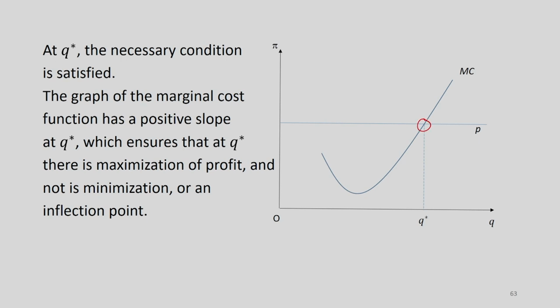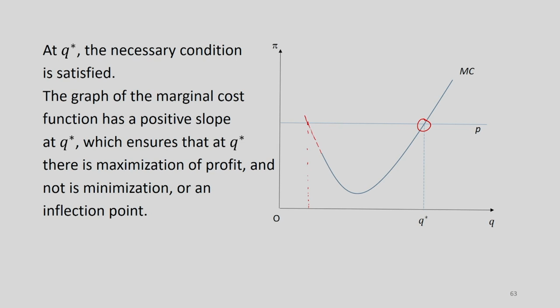The price is equal to MC, and the MC is an upward rising curve at this point. So, the second order condition is also satisfied. So, Q star is the point where profit is maximized. One can think about the extension of this curve, and there will be another point where the first order condition will be satisfied, that is P will be equal to MC.